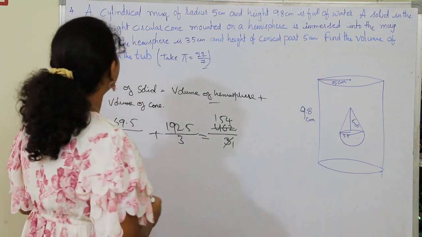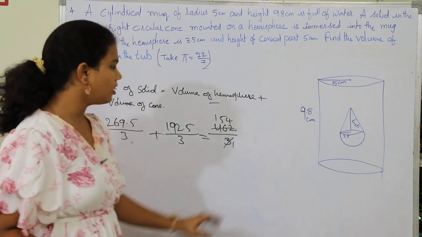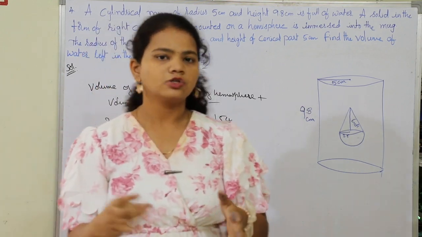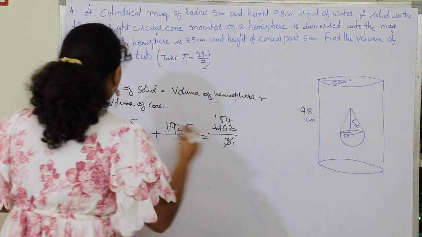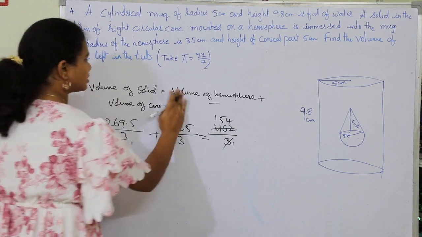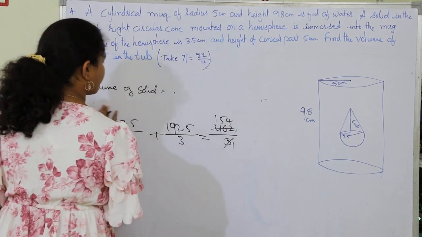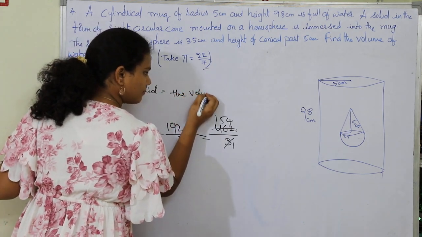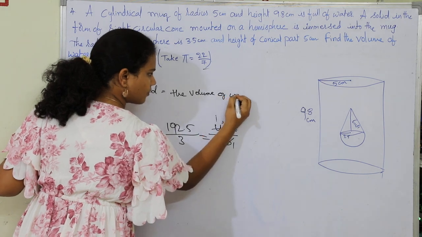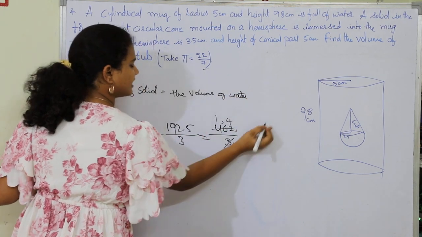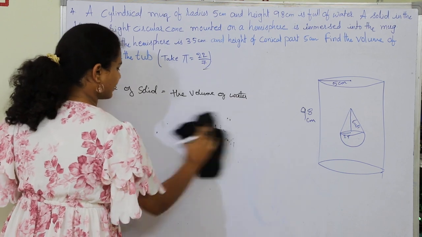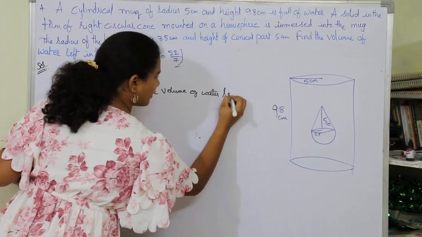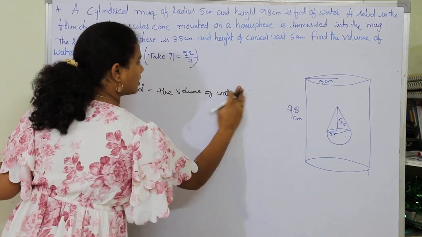Now to find the volume of water left in the tub after a solid is immersed into it, I can say that the volume of solid equals the volume of water which has been flowed out from this given tub.